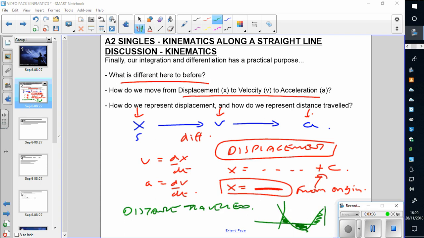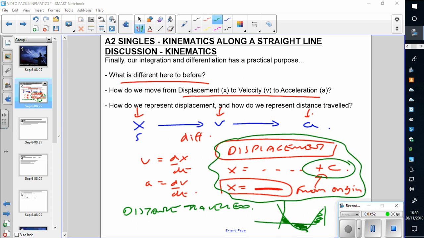Okay, so if you integrate the whole velocity curve, then you're going to get displacement. But if you split it up into sections like we have now, you'll get distance traveled. So essentially what I'm trying to say is, anything to do with displacement, you're going to need the plus c, find c. Anything to do with distance traveled, you're going to need to integrate with limits, right?